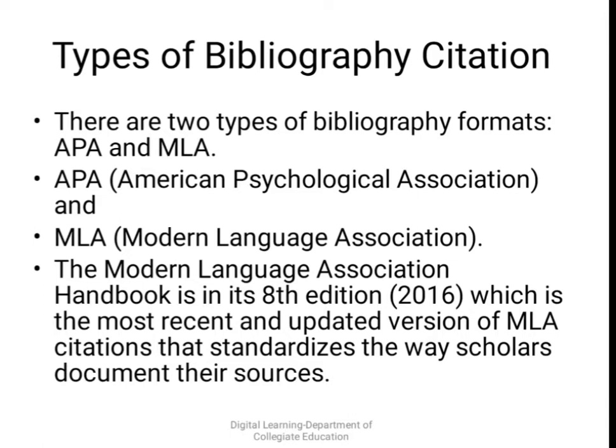However, the Modern Language Association Handbook is the most popular one in humanities subjects. This handbook is in its 8th edition, published in 2016, which is the most recent and updated version of MLA citations that standardizes the way scholars document their sources.